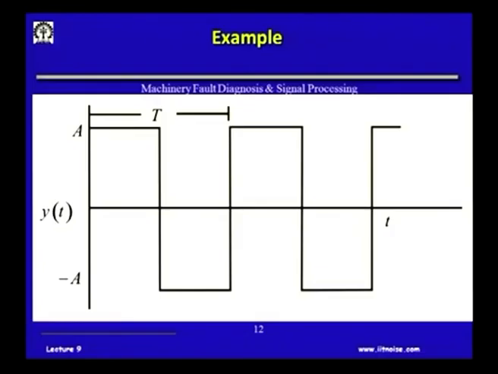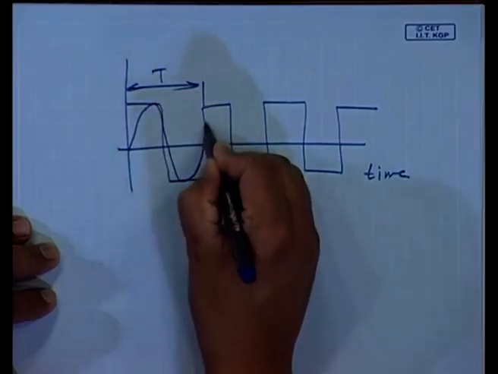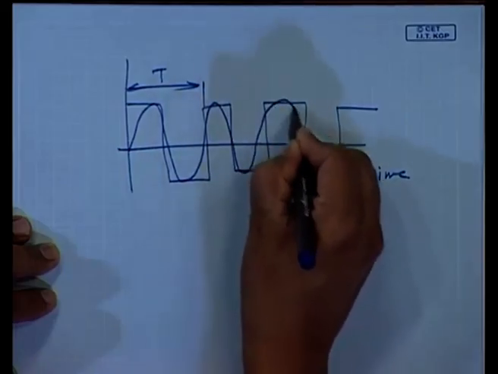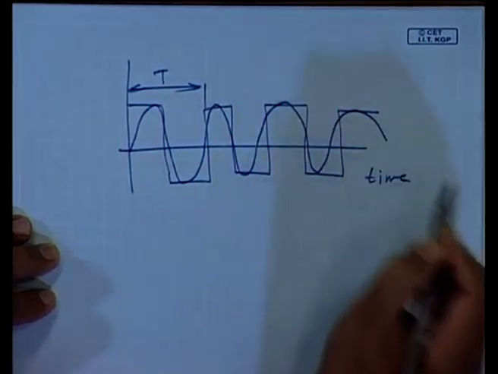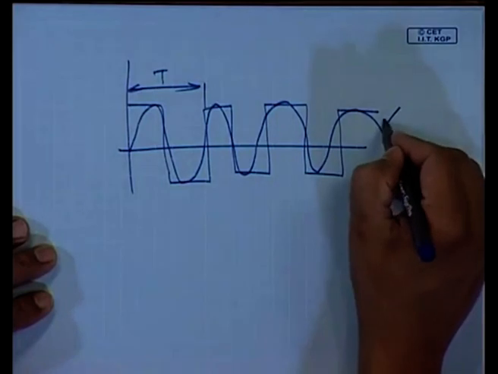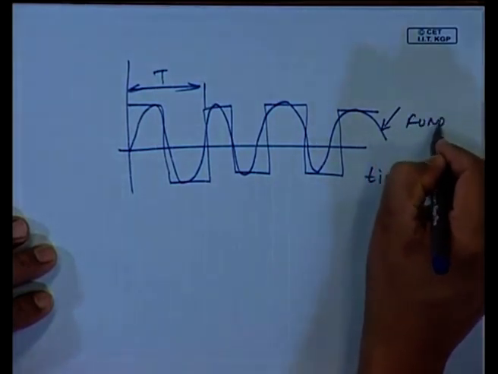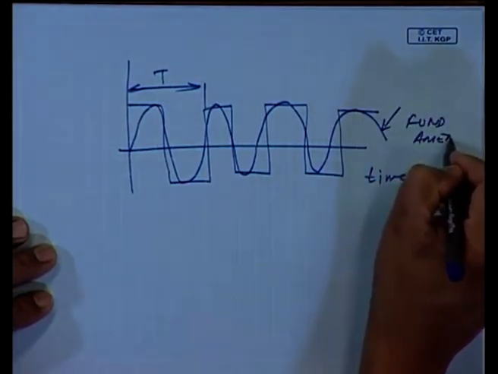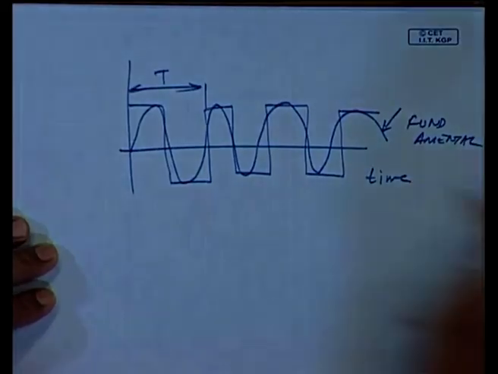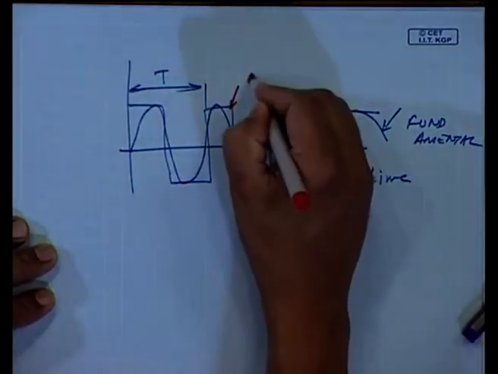Well, if I was to construct, I will only get a sine wave back, isn't it? If I just take the fundamental. But then I am not getting my original signal. This is my original square wave.